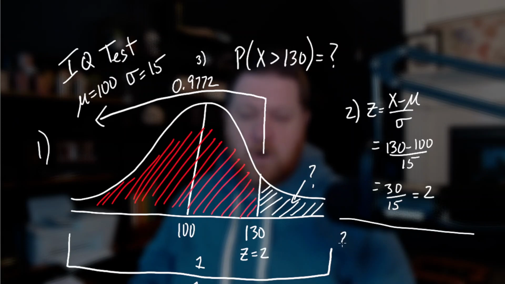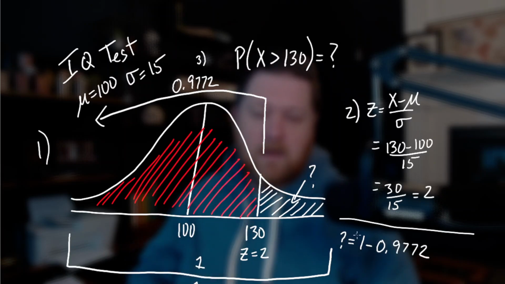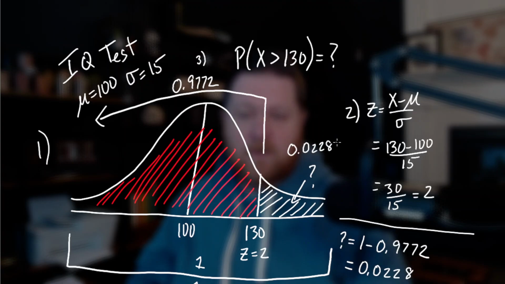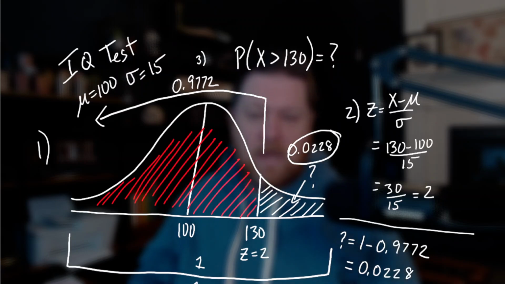And so the question mark, the thing that we're trying to actually solve, is 1 minus 0.9772, right? The whole thing minus the part that we don't care about leaves us with the part that we do care about, which is 0.0228. So what is this white shaded area here? It is 0.0228. And then I always like to circle that so that we know where our answer is.